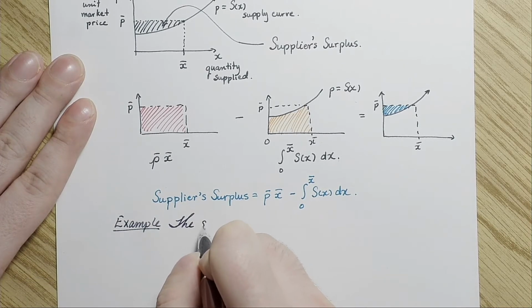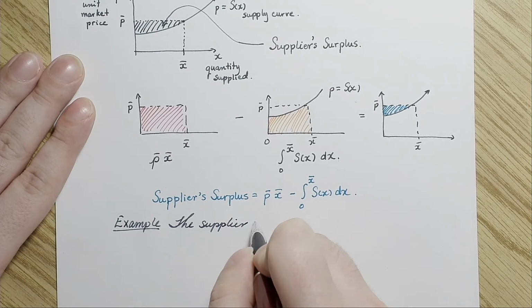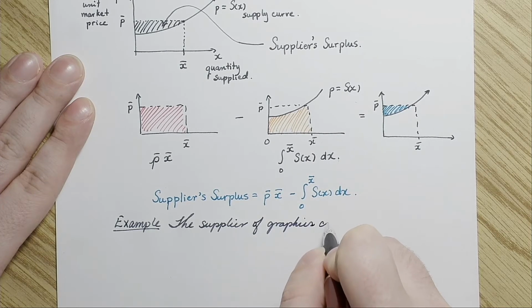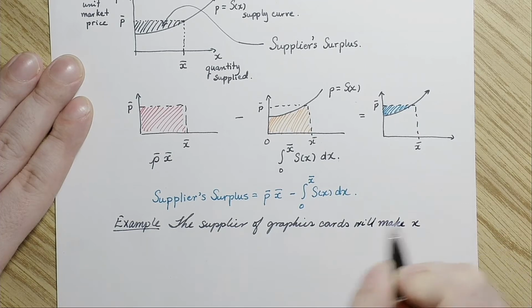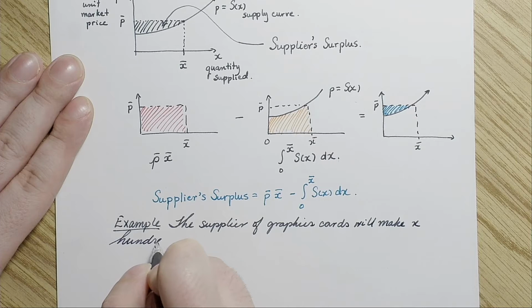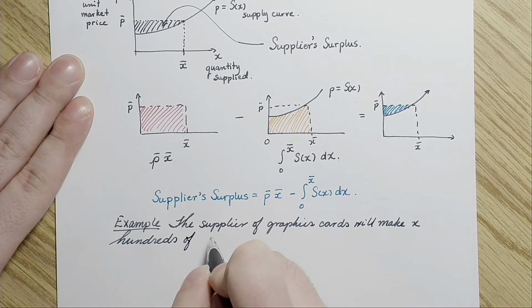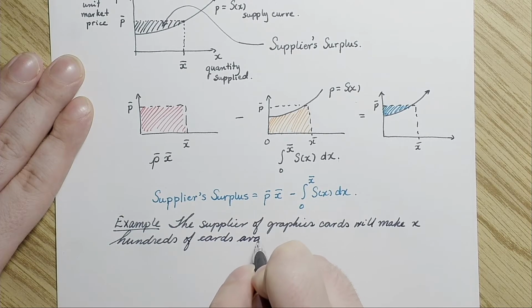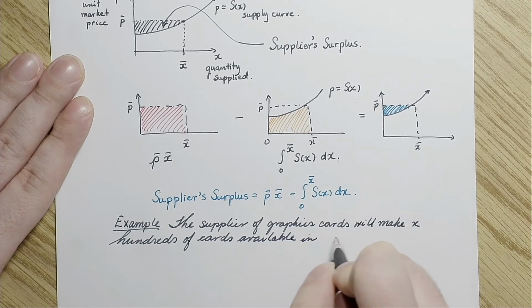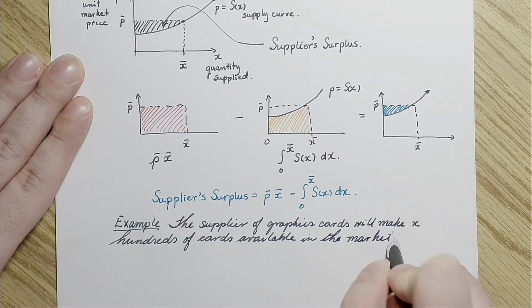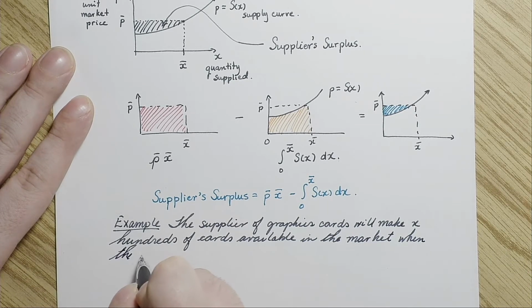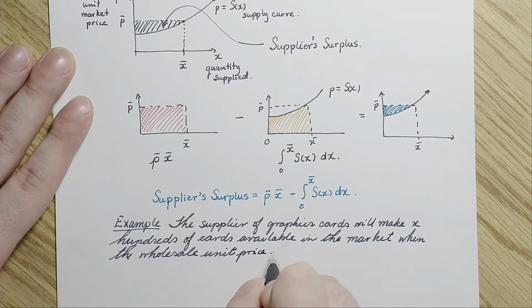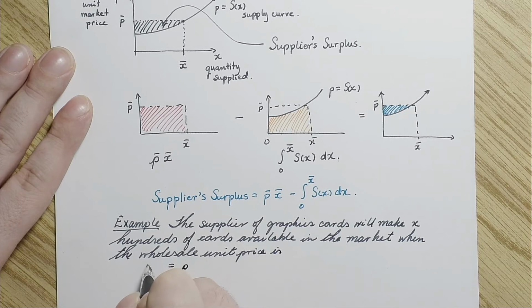We have the supplier of graphics cards, and they will make x hundreds of cards available in the market when the wholesale unit price is P, of course this is S of x.